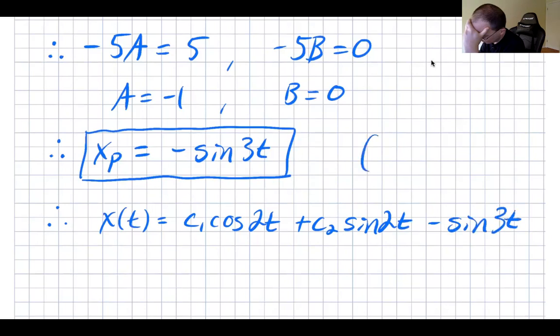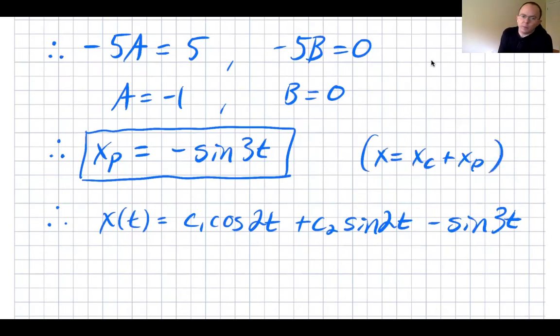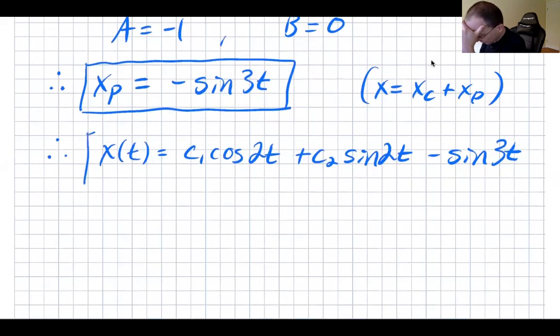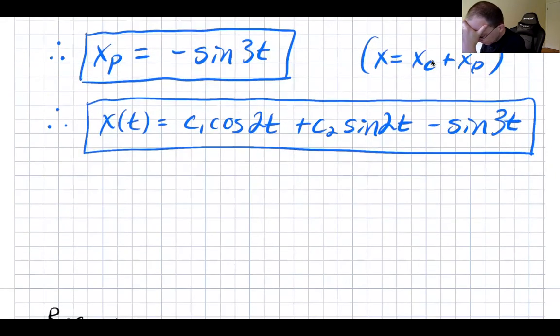That's because we have the complementary solution, that's the word, and then the particular solution. So there's our general solution of the differential equation. Now we use our initial conditions to determine the coefficients c1 and c2. Let's put a box around this as well, and I need to get some more space here.